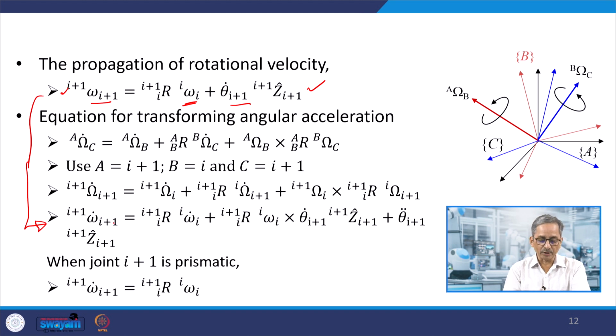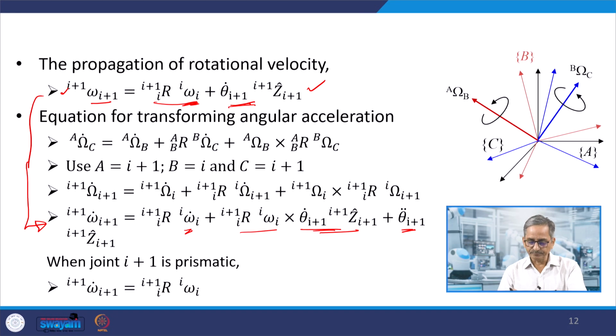This derivative will be this term's derivative plus this term's derivative, plus one omega cross term, this term cross this term. This is what we get as the angular acceleration of the (i+1)th link.